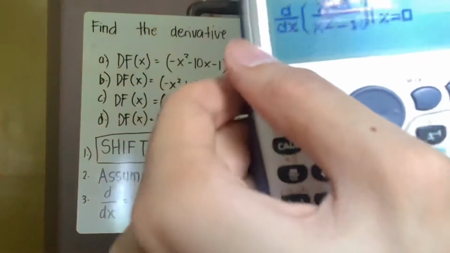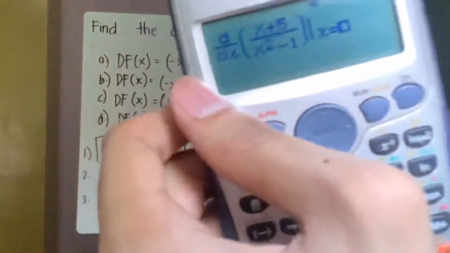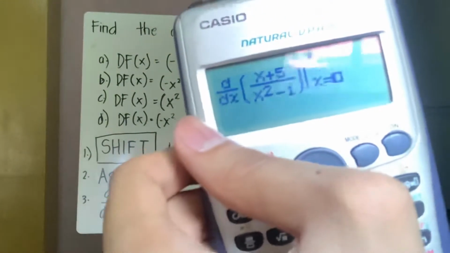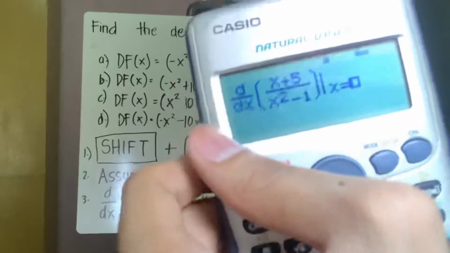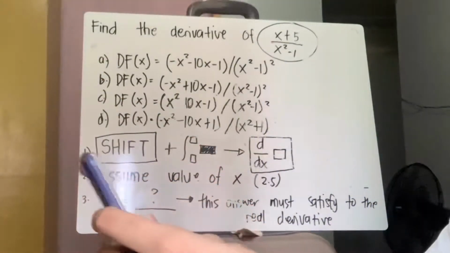So, ang gagawin natin is we will be filling up this x here. What we are going to do is mag-assume tayo ng value of x kung ano yung pwedeng maging value natin. Let us say, for example, depende lang sa inyo, pero ang own assumption ko na ginagamit ko na din noon is 2.5.